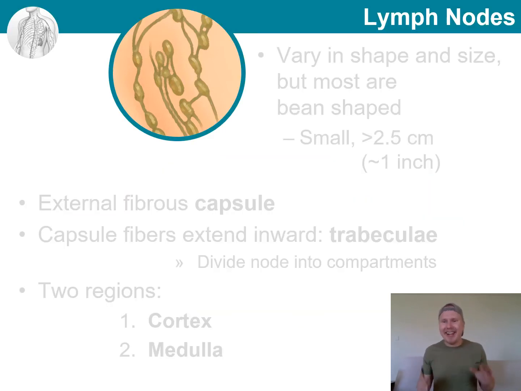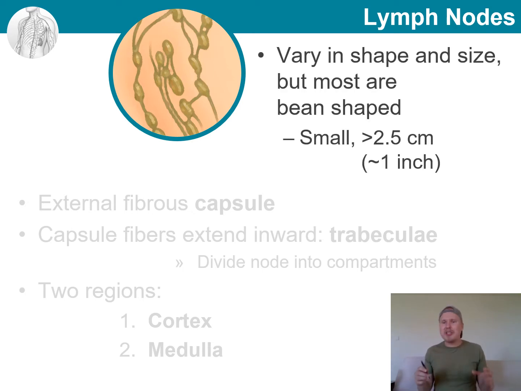Okay, now let's have a look at the lymph nodes in a little greater detail. These are small and round blobs, if you wish to describe them this way. Many say that their shape looks a little bit like beans. They are small, less than 2.5 centimeters in size. For those of you who are not totally familiar with the metric scale, this would be about 1 inch, so that size or smaller.